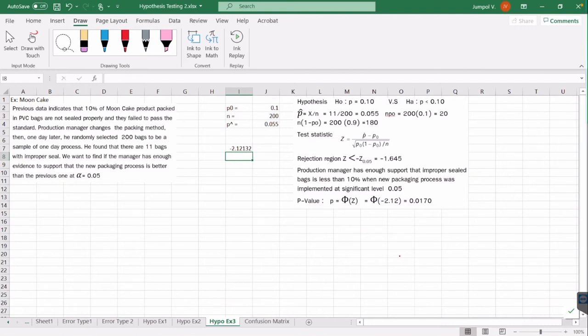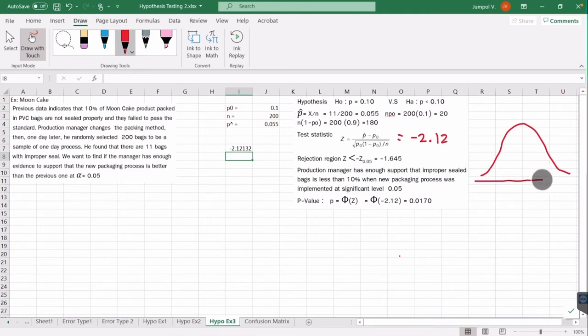You can see that this is a very small number. If we draw the graph of the standard normal distribution, it is going to be around here, minus 2.12.